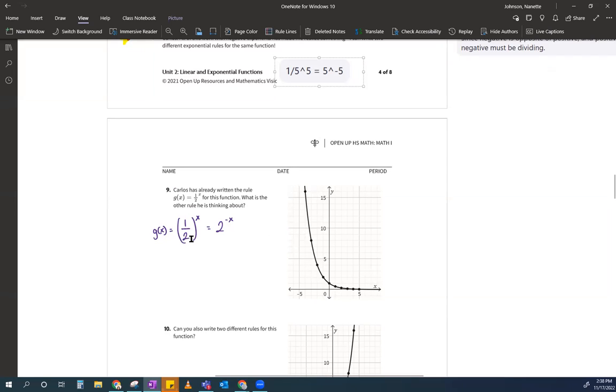Like if I said hola in Spanish, my accent's a little off, forgive me. If I said hola, how would you say that in English? How would you say the same thing? Let's write this down. My cursor is not working right now.